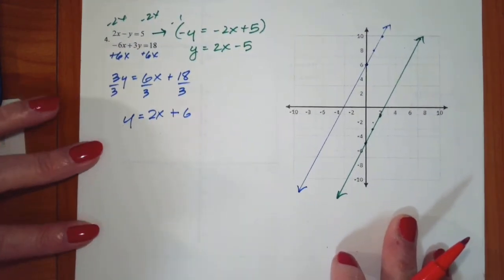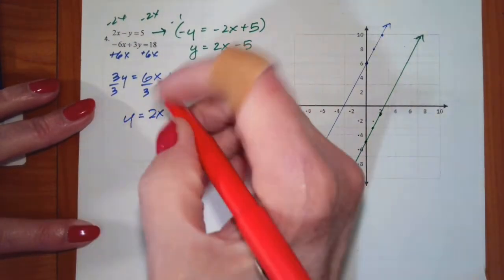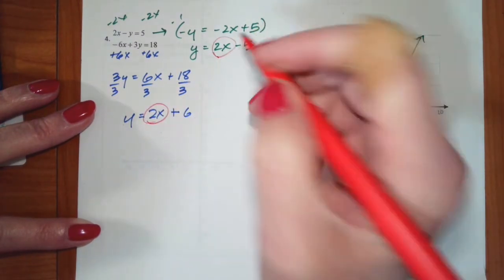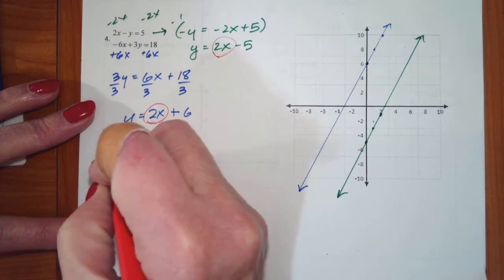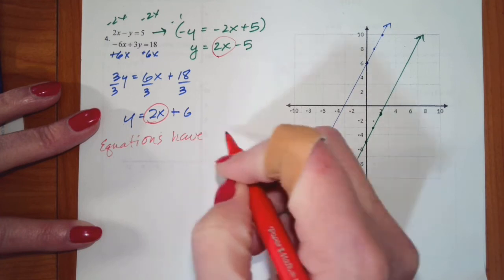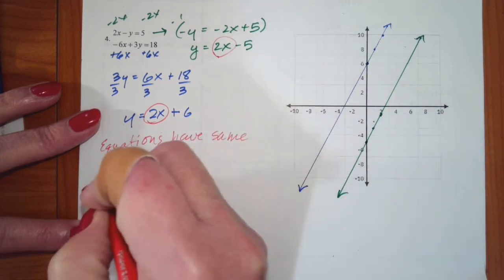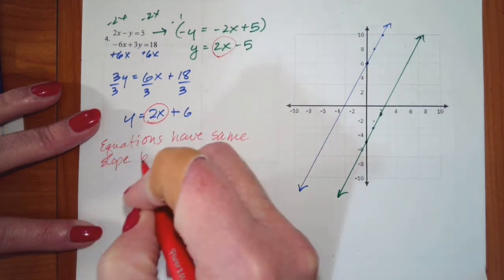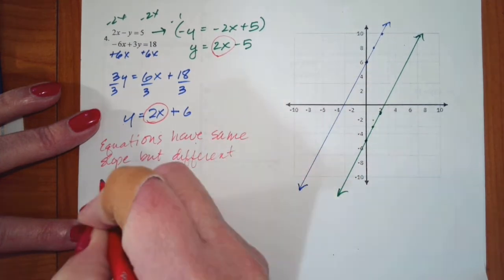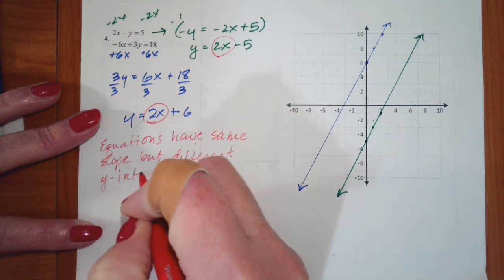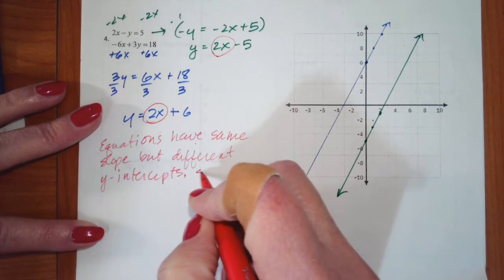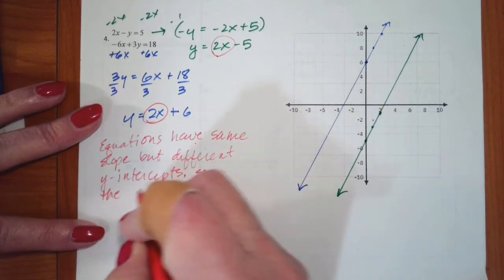what I see here is that the lines are parallel. But I also notice that these equations have the same slope, but different y-intercepts. So the lines are parallel.